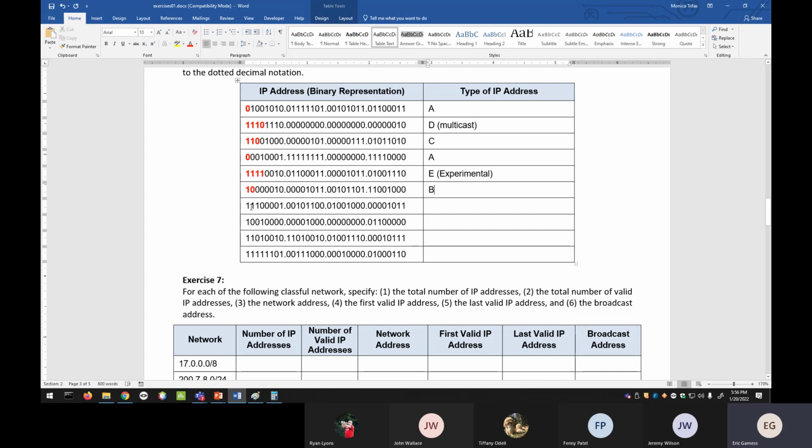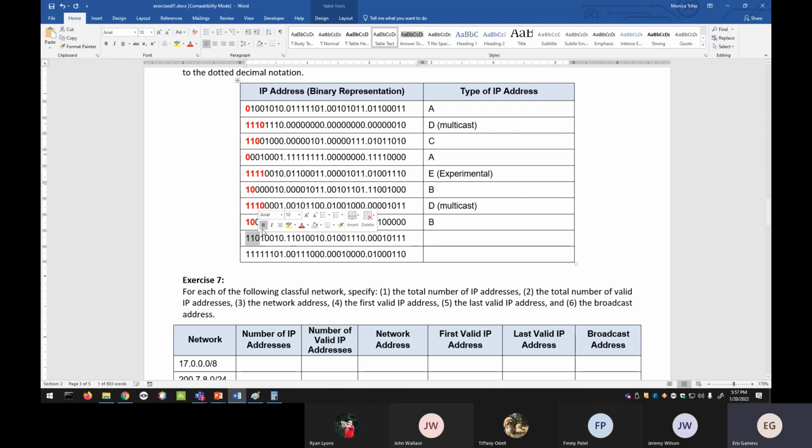What about this one? Multicast, correct, which is D. This one? B, correct. What about this one?